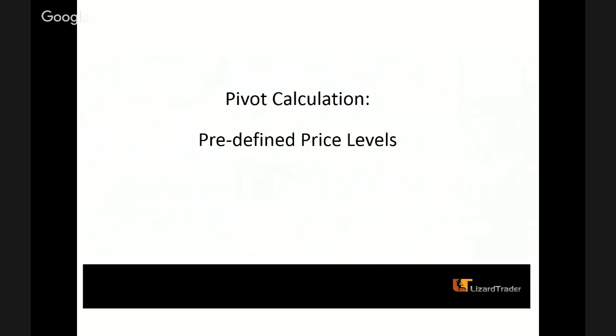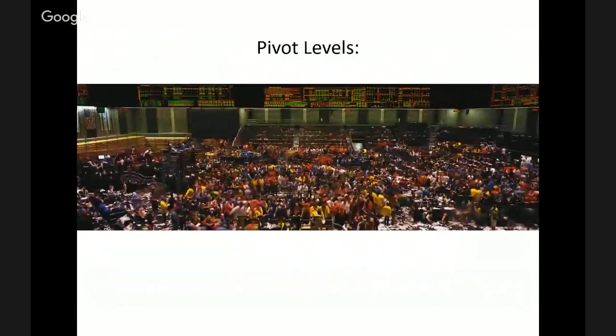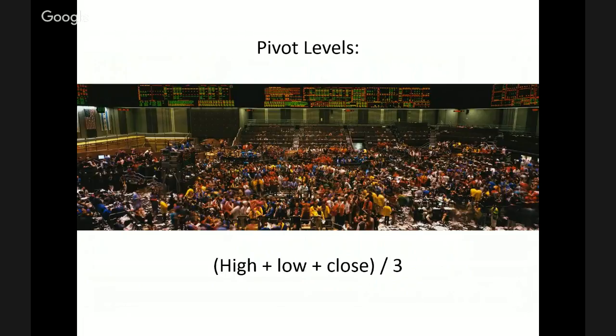So there will be a lot of dormant orders in here, and you want to make sure that you align yourself in a way that statistically puts the odds on your side of being at the right side of support and resistance.